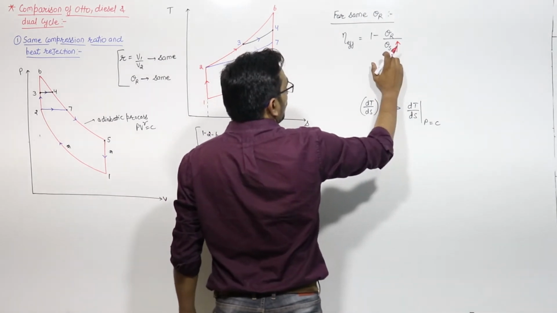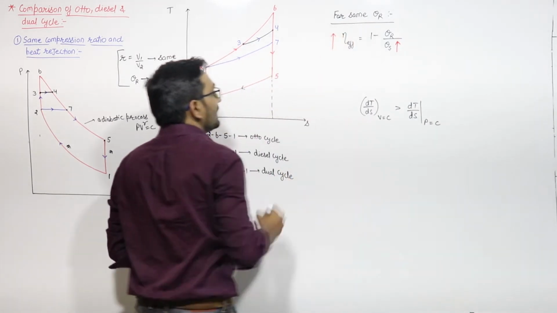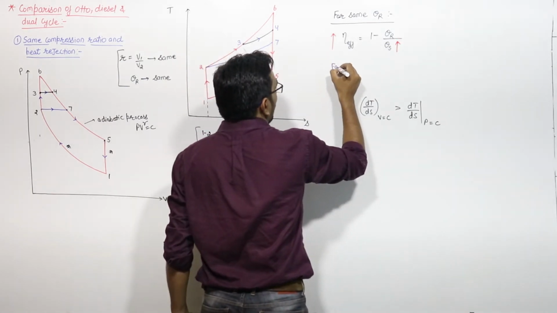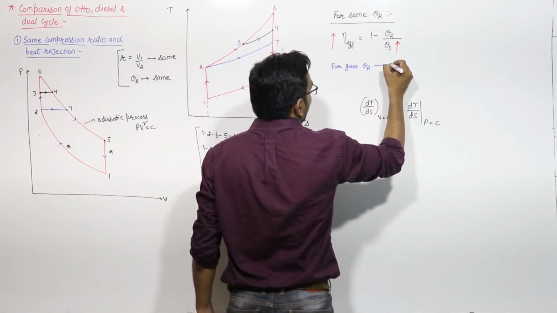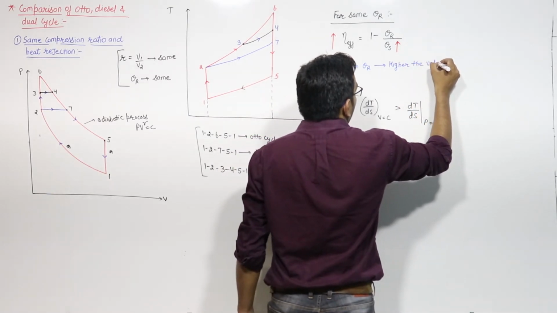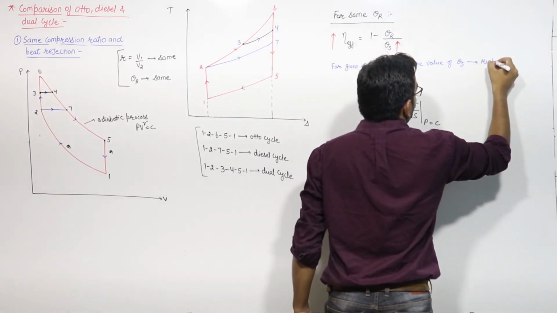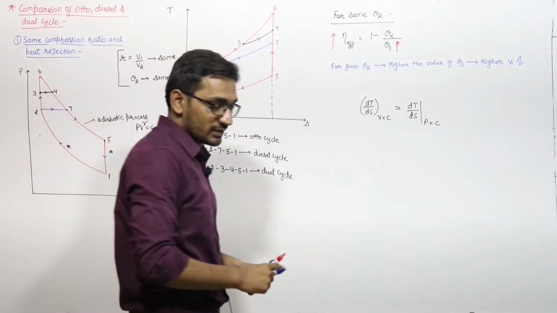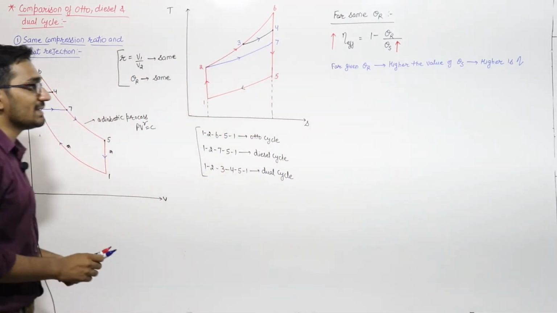If this fraction's numerator is more, then this total value will be less, and then the efficiency will increase. So for the given heat rejected, the higher the value of heat supply, the higher is the efficiency, right? We know this from this equation that efficiency of a cycle is 1 minus heat rejected upon heat supply.